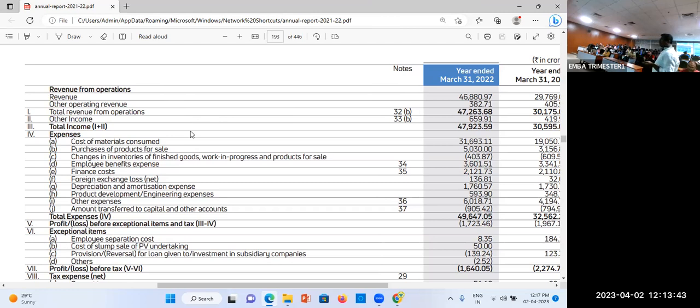Third one, change in inventories. Change in inventories of work in progress, finished goods, and stock in trade.